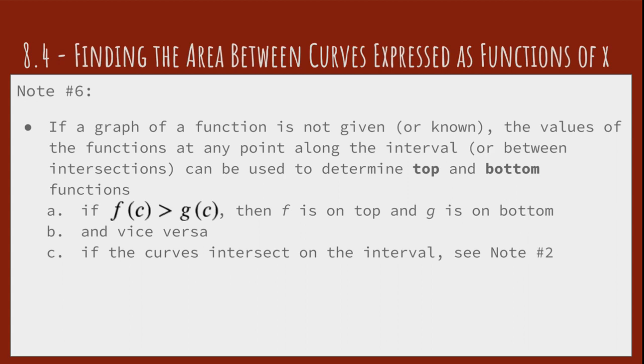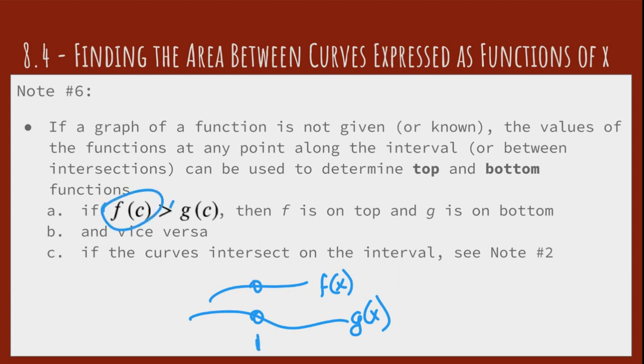So we do have to be careful about maybe having intersections along the interval, but if you imagine we know f of x is on top and g of x is on the bottom, then if we pick some point on the interval here, some x value, then f of c is going to be greater than g of c. So if we just plug a point in along the interval and see what the value of the function itself is, that will tell us which one is the top function and which one's the bottom function.